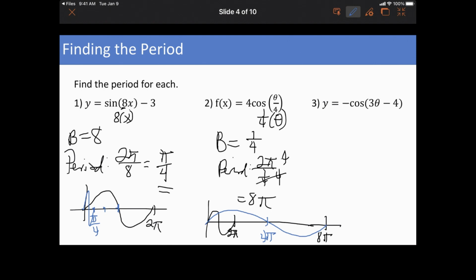It's really stretched this time. So it's much slower because you have 8 pi to do something that you usually only would do in 2 pi, so much longer. So look at the b's and compare between 1 and 2. Right, that's a whole number bigger than 1, and this is a fraction, less than 1.